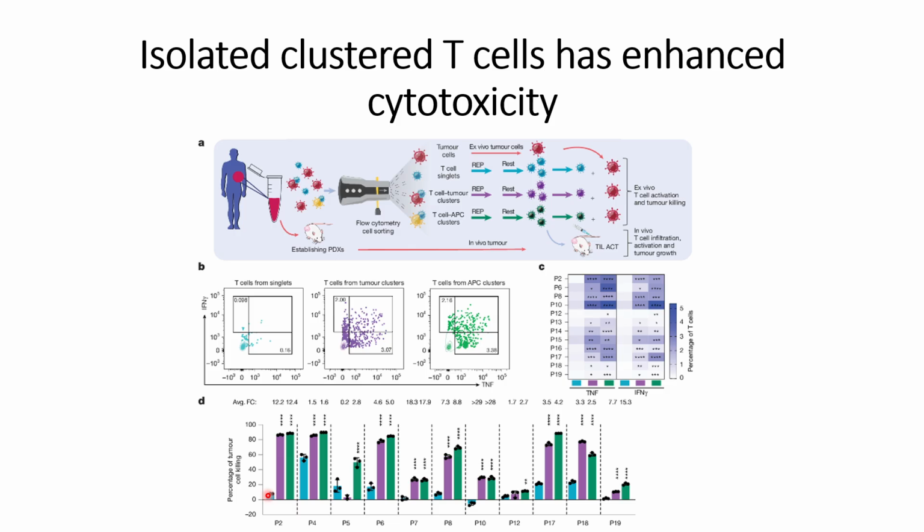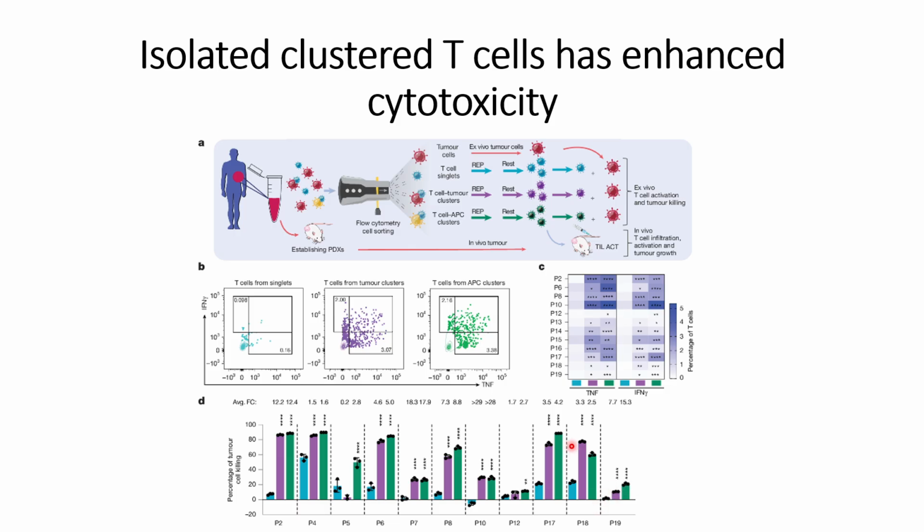For the T cells isolated from the APC clusters, 11 out of 11 showed high tumor cell killing, and that is more than 9 times higher compared to the singlet.